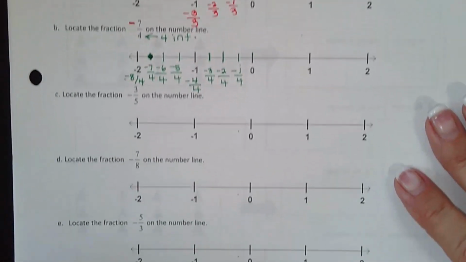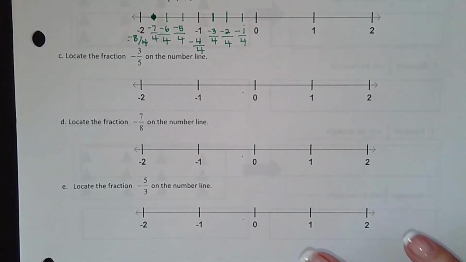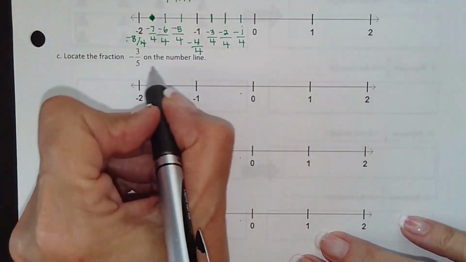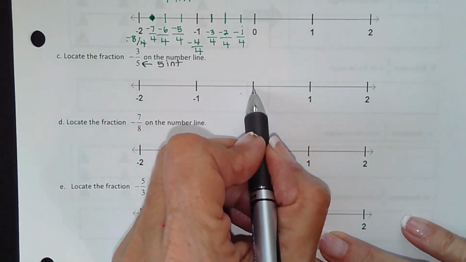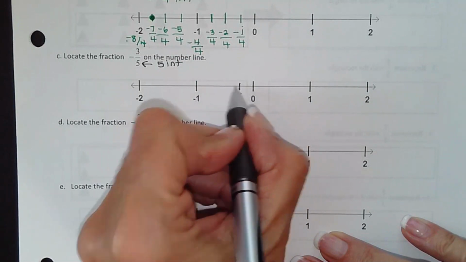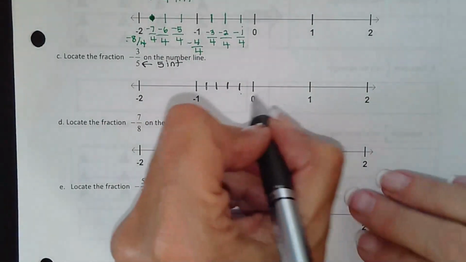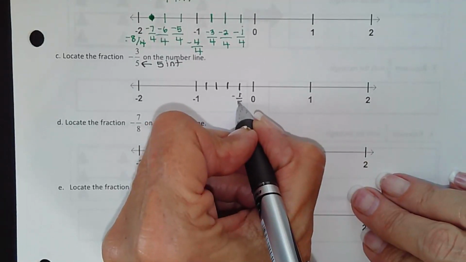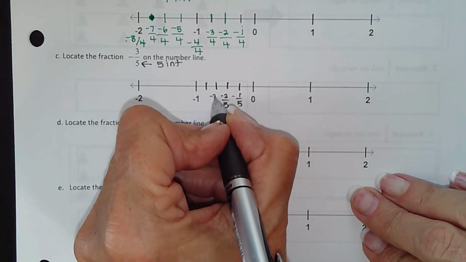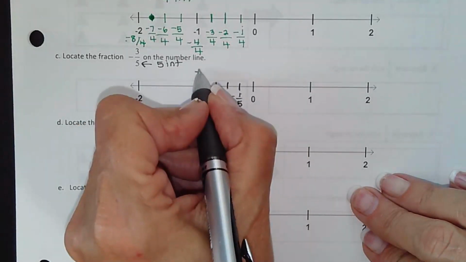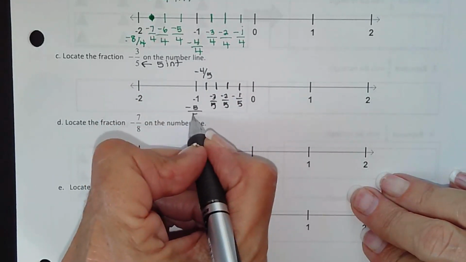Okay, let's do one more and then you can do the next two. So -3 fifths means 5 intervals. So in between 0 and -1, I need 5 intervals. 1, 2, 3, 4, 5. So we have -1 fifth, -2 fifths, -3 fifths, -4 fifths, and -5 fifths, which is equal to -1.